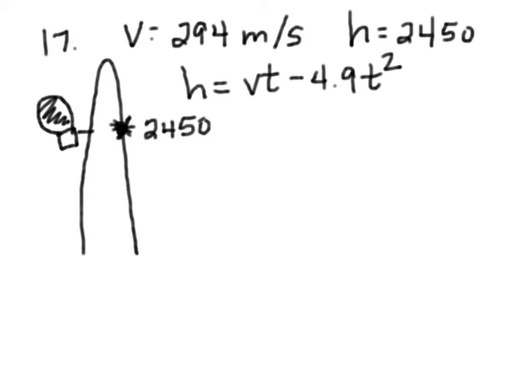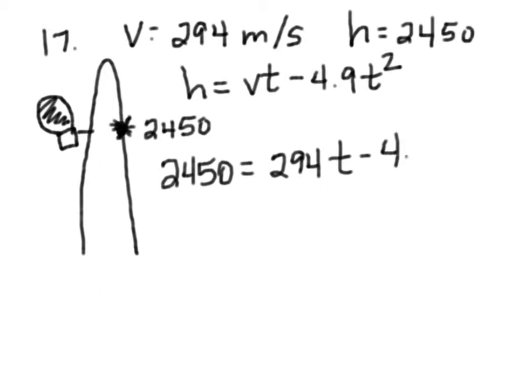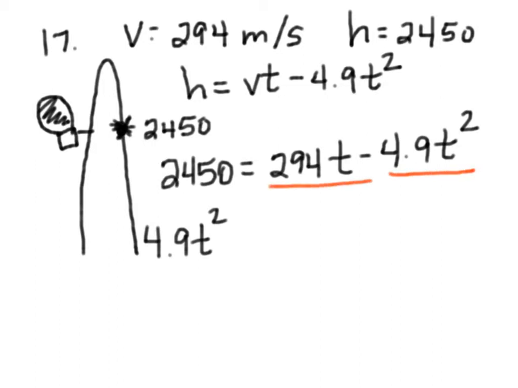So we're going to substitute the information that we have, 2450, in velocity, and we're looking for time. So we're going to put everything on one side because our goal here is to factor. So we're going to start by adding 4.9 to both sides, and we're going to subtract 294.